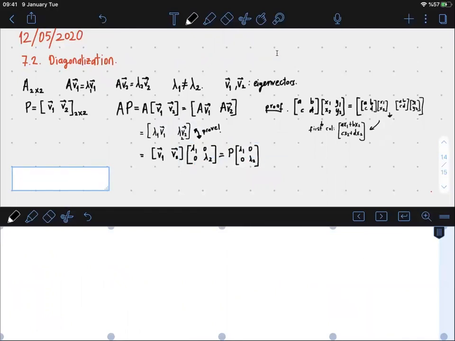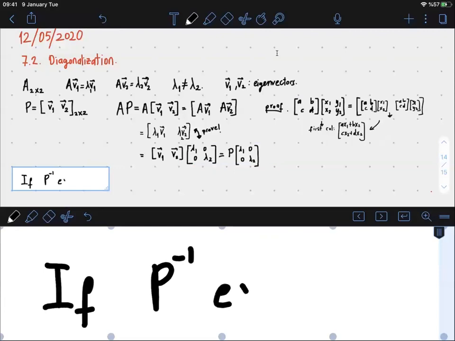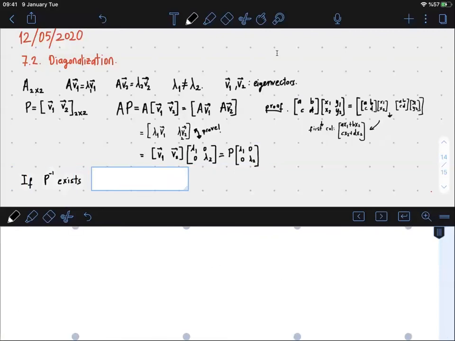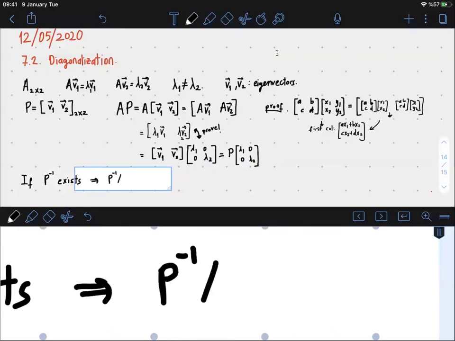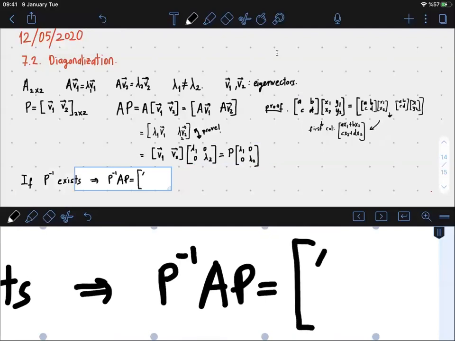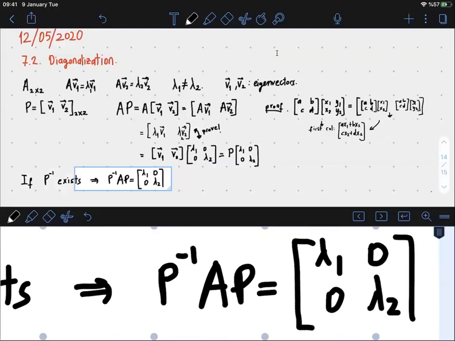If the matrix P is invertible, if P inverse exists, then we get P inverse A P equals a diagonal matrix, right? This is a special matrix, a diagonal matrix.